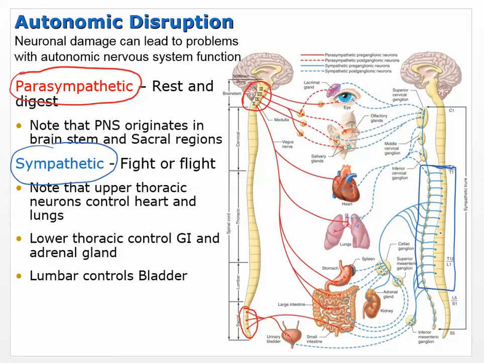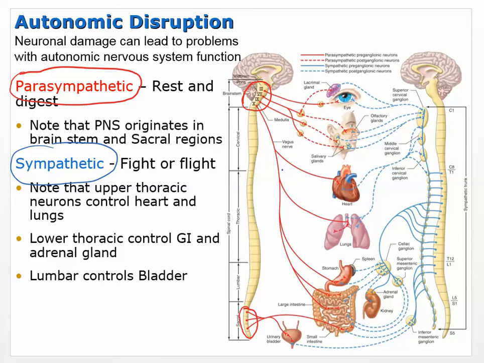Okay, so this difference makes a big difference in terms of spinal injury, because you can sort of imagine that just depending on where it is, you're going to have different effects on your sympathetic versus parasympathetic.